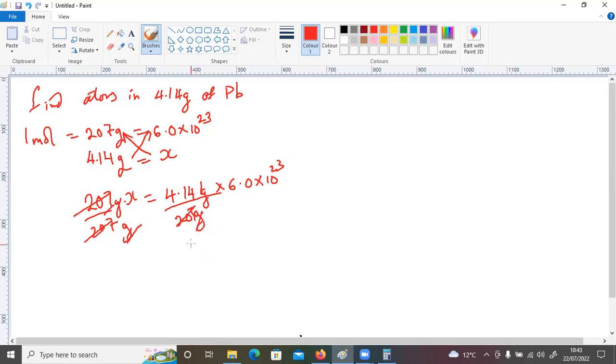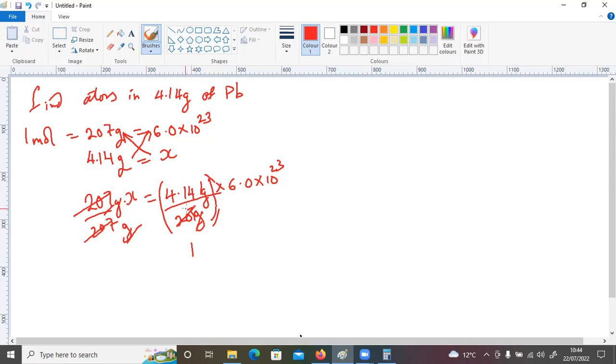If you want to divide a number with a decimal, first of all, pretend the decimals are not there, do the division, then you introduce the decimal. So 414 divided by 207. But before I do that, that one right there is the formula for calculating moles: the mass you are given over the relative atomic mass in grams.